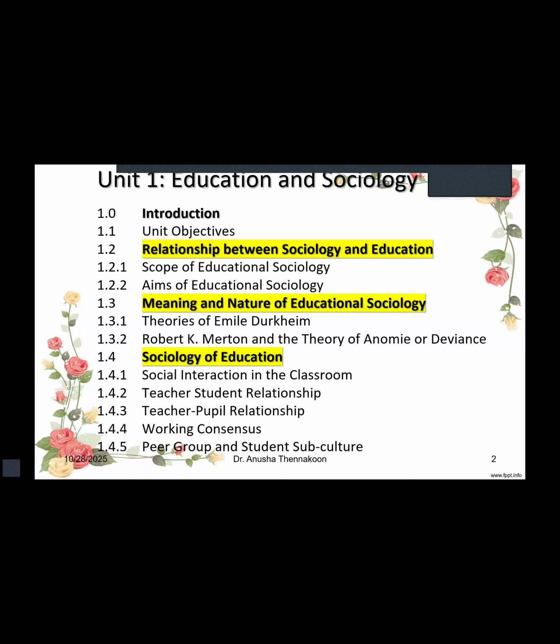So under that there are 2 subtopics. And then meaning and nature of educational sociology. Under that also there are 2 subtopics, 1.3.1, 1.3.2. Then sociology of education, there are 5 subtopics.